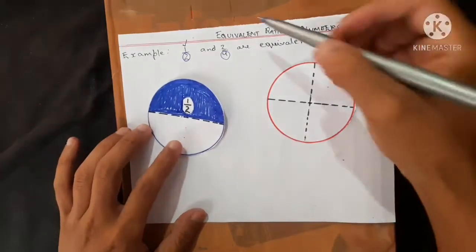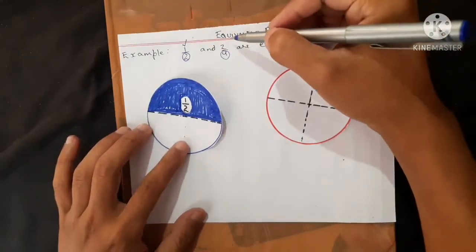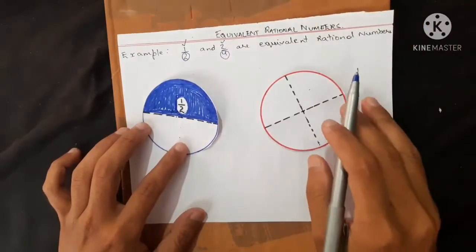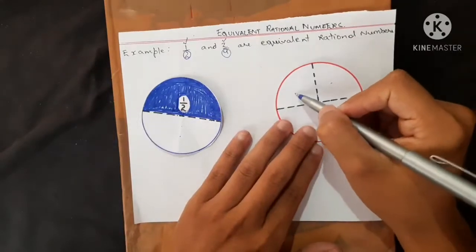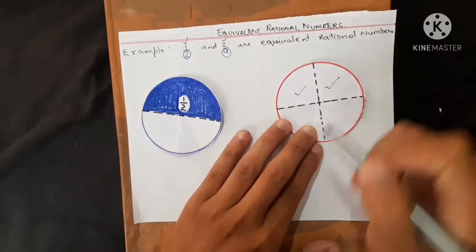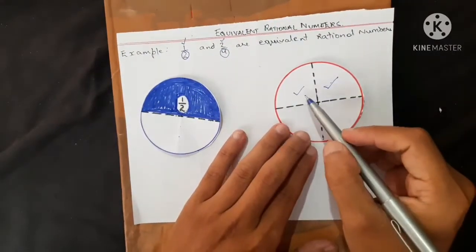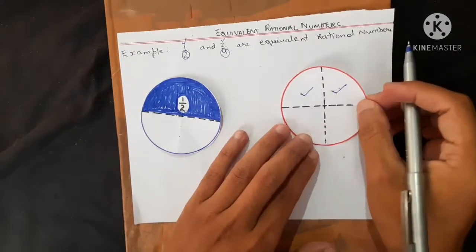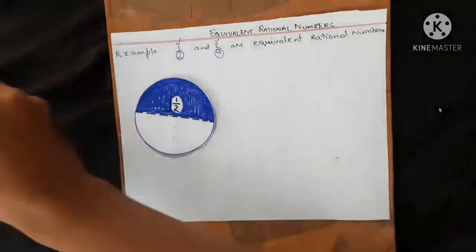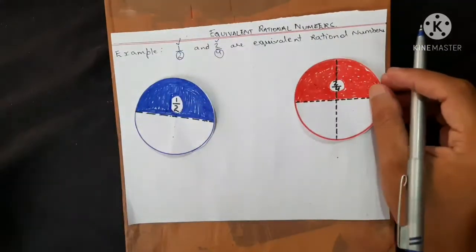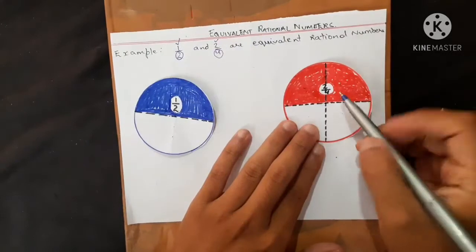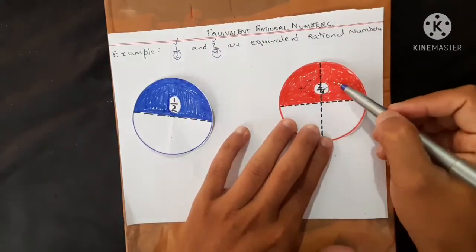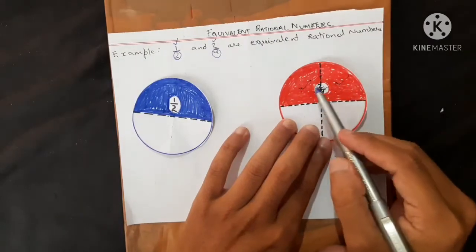For the next, 2 by 4, the numerator is 2, so I have to color two sections in this red circle. I color this section and this section, and we got 2 by 4.